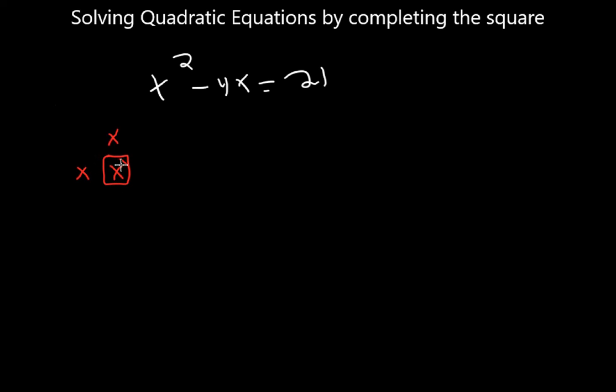So we have x and x squared, and we're going to have an area. This side length is negative 4, which means this area is negative 4x, which represents the left-hand side of the equation. Now we're going to split this part down the middle, which will give us x squared.